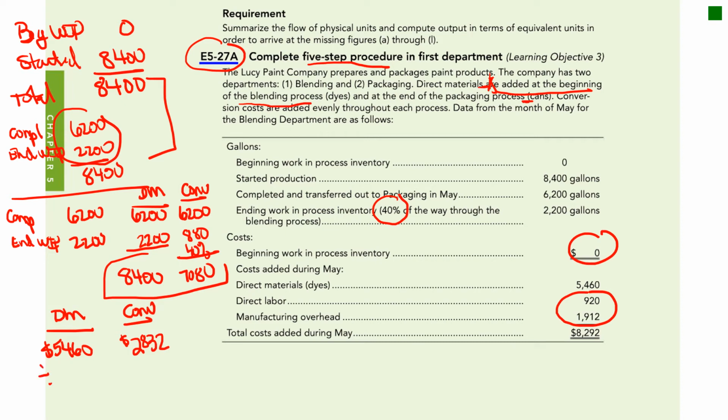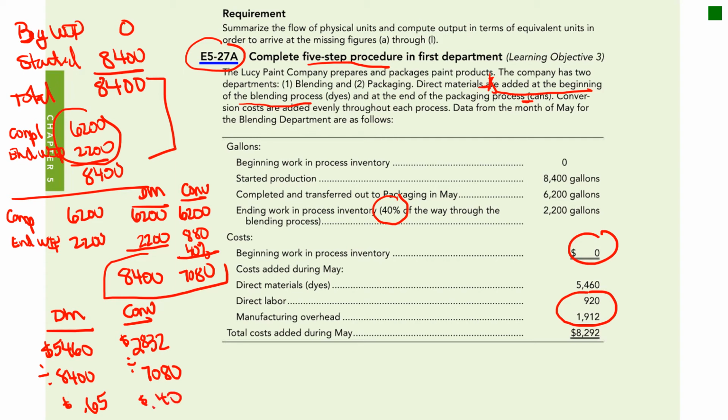At that point, you just divide by your equivalent units, which is 8,400 for materials and 7,080 for conversion. What you end up getting for direct materials is 65 cents per unit, and for conversion, right at 40 cents.